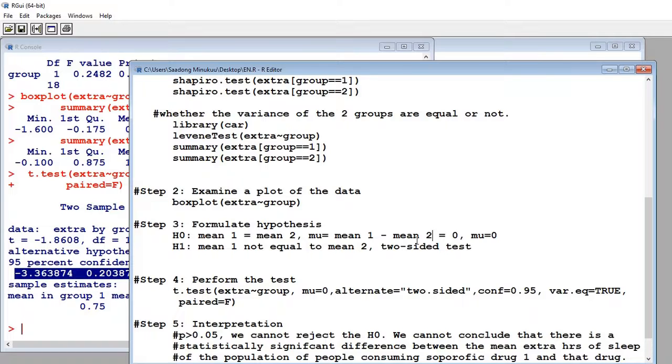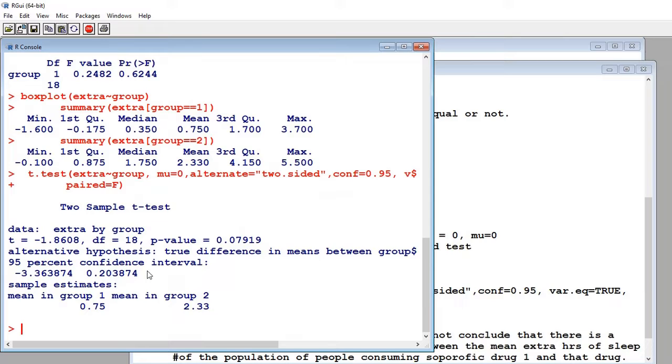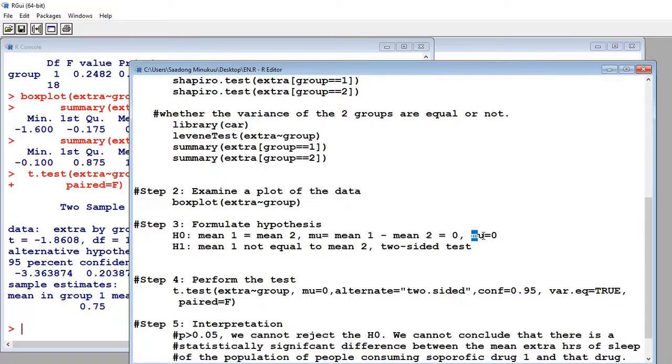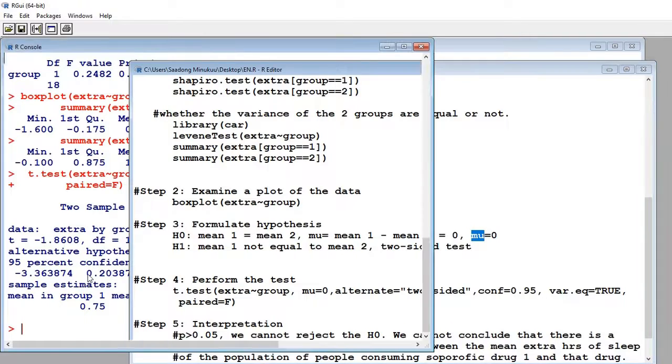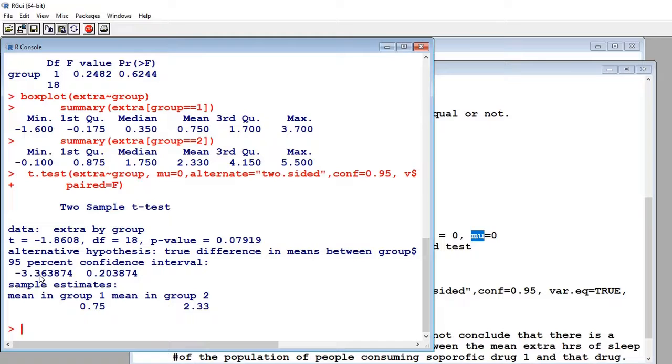So M1 minus M2 here is suggesting that the difference is found between -3.3 and 0.2. The real value for mu will be found between these brackets, -3.3 and 0.2.